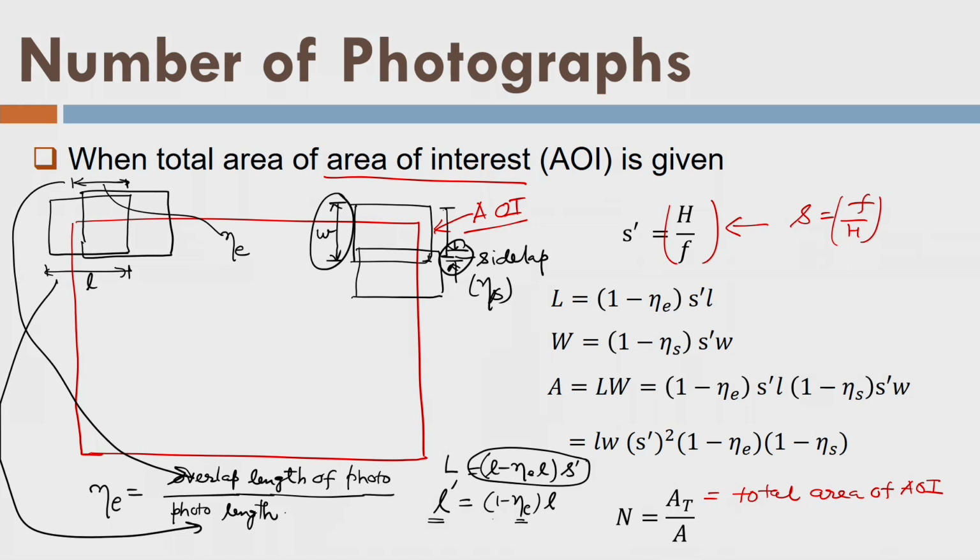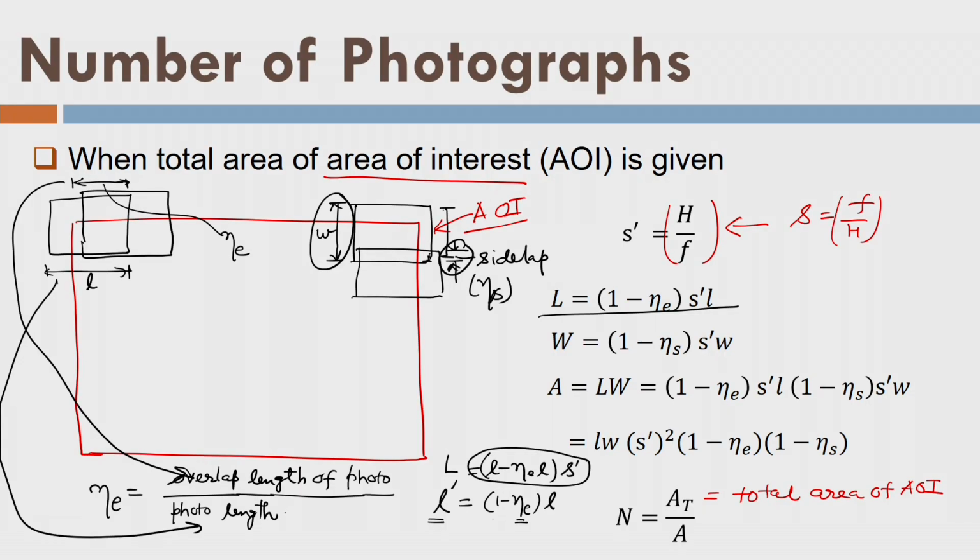So this is the total length covered by one photograph effectively, not in reality. In reality, it covers the complete length with overlap, but because of the overlap, the photograph on the ground has moved not by the distance L, rather by L minus the overlap.